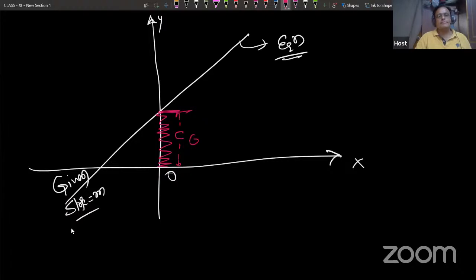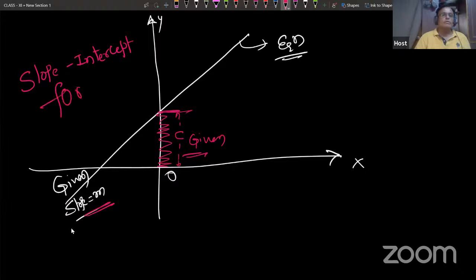This is also given. That means definitely slope and intercept. Since the y-intercept is given, the name will be slope-intercept form.